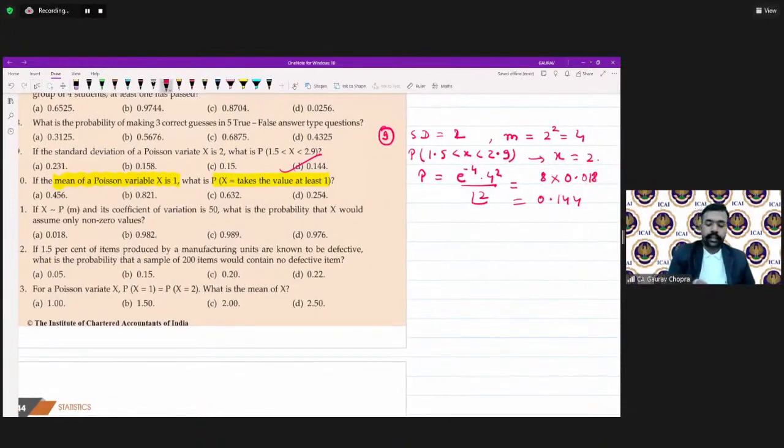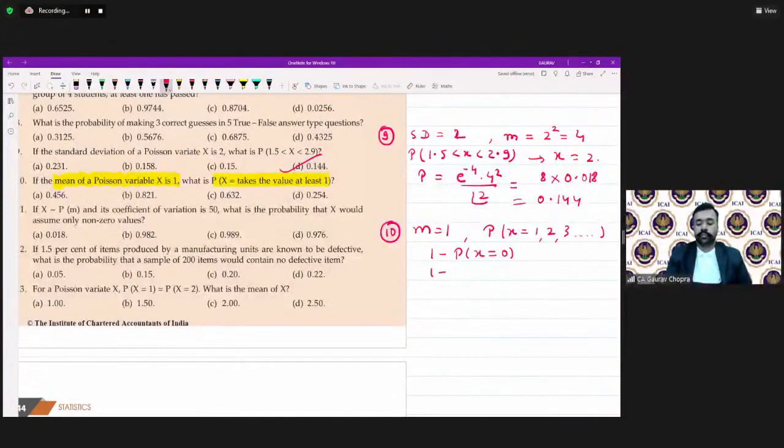What is the probability when x takes the value of at least 1? X is at least 1. So mean is 1, and we are saying x is at least 1. So x equal to 1, 2, 3, and so on. So we will solve as 1 minus P(x equal to 0). So 1 minus e to the power of minus 1, 1 to the power 0 upon factorial 0.